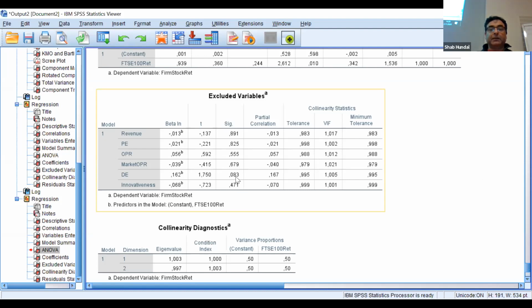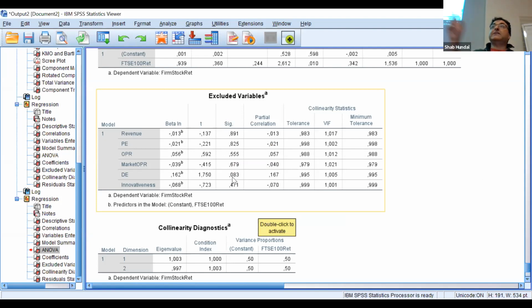Look at this table, this column, SIG. Revenue has a confidence level of 11%. No way, we can never accept revenue. No, 82.5, I mean, but there's one variable, D to E, which somehow got missed. Should we accept it or not, by the way? Yes.